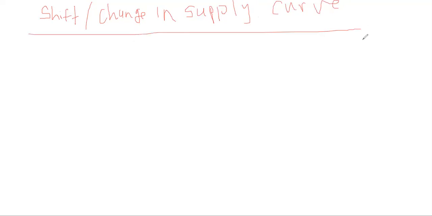Again, it's just similar to a shift in demand curve. So when we talk about shift or change in supply curve, what are we talking about? Anyone want to take the lead and explain to the class what we mean by change or shift in supply curve?